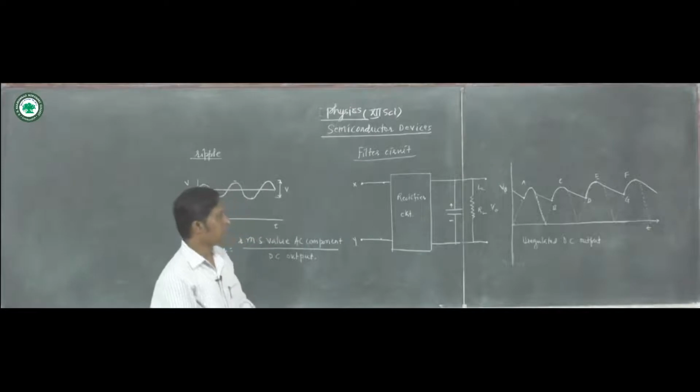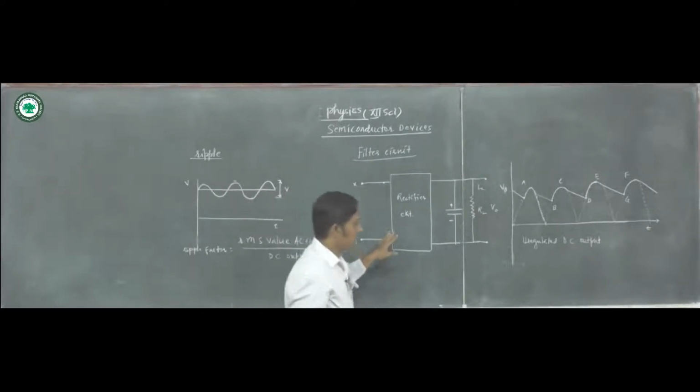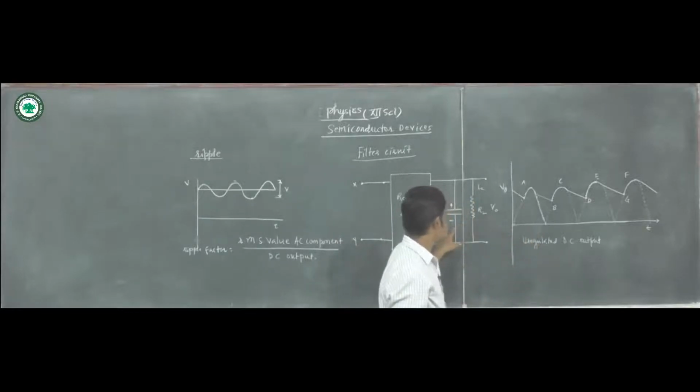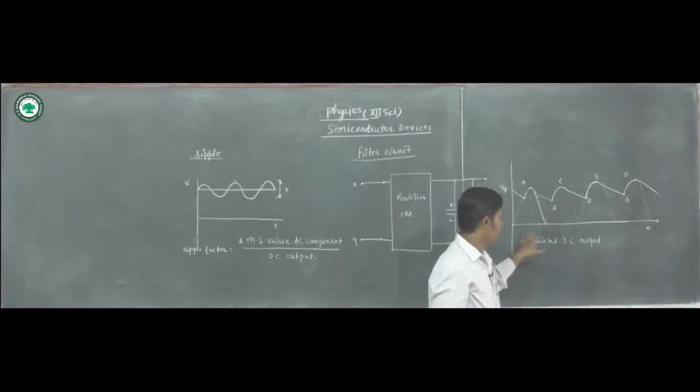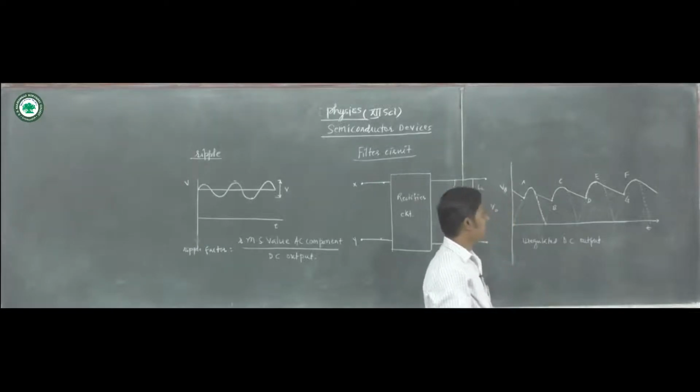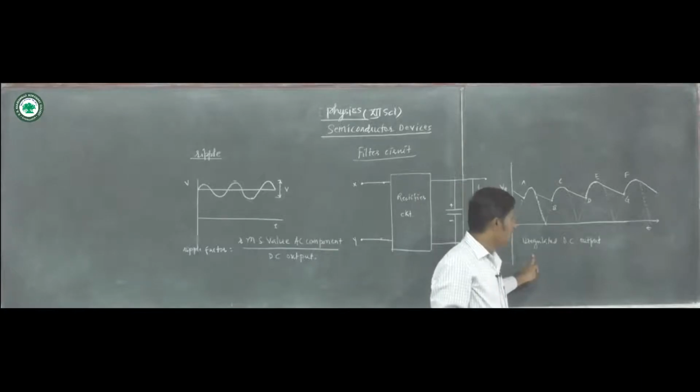In this way, we get some reduction in the ripple factor after using this capacitor in a filter circuit, and the waveform which we get is like this. This waveform or the output is unregulated DC output.